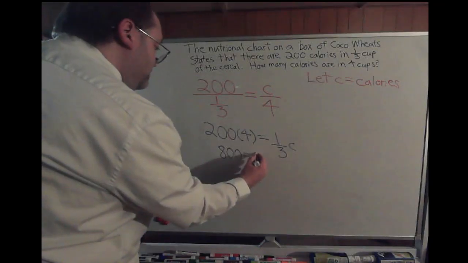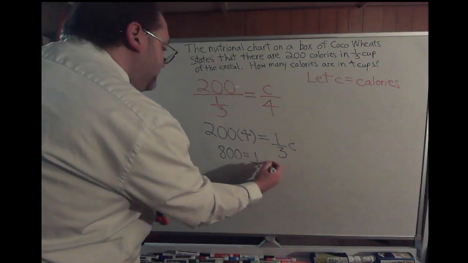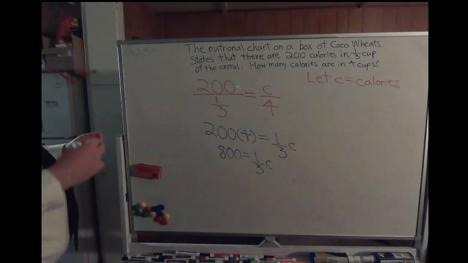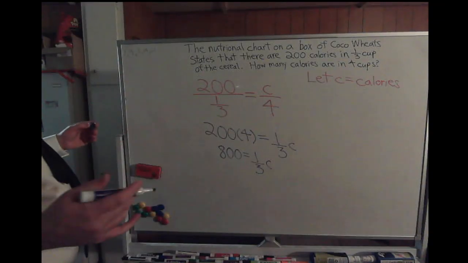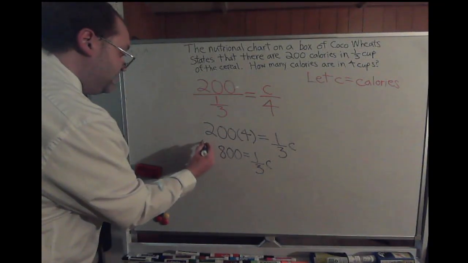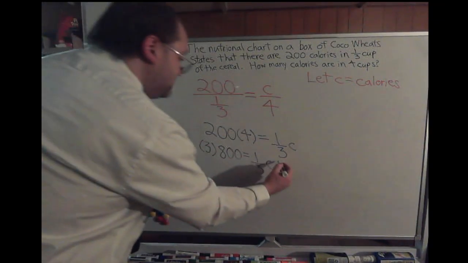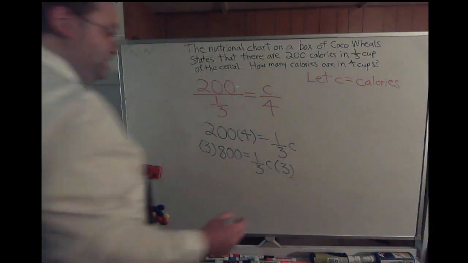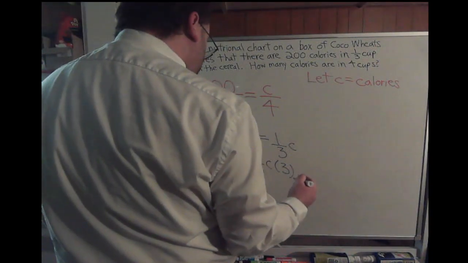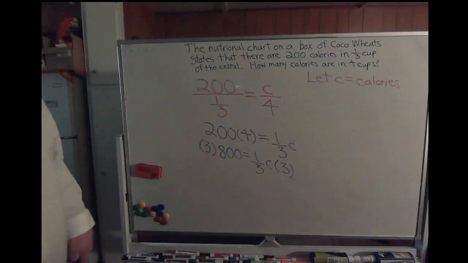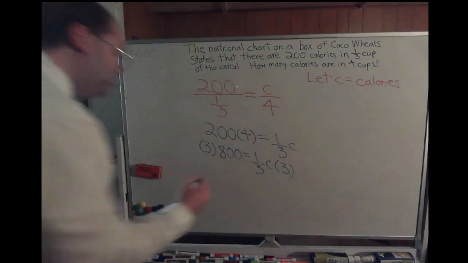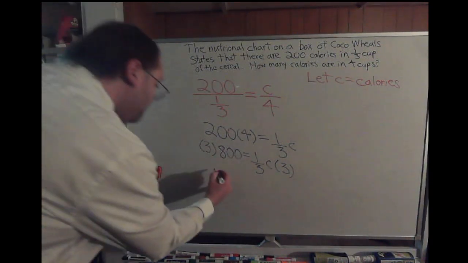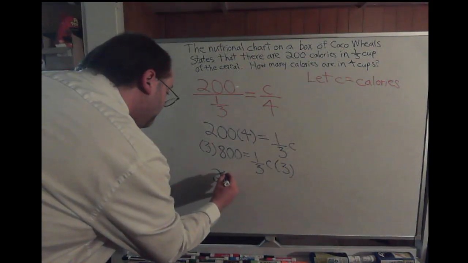800 equals 1/3 C. Well, the goal is get C by itself, right? So we're going to have to multiply both sides by 3, because what you do to one side, you got to do to the other. If you multiply both sides by 3, you'll end up getting, what's 3 times 800? That's 2400.